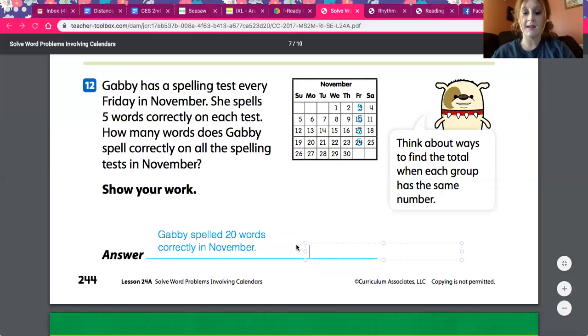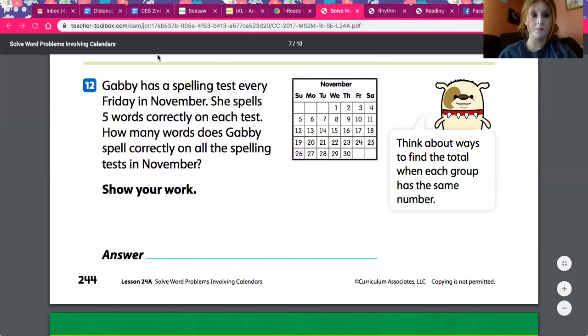Or you could have added 5 plus 5 plus 5 plus 5, which also equals 20. Okay? Let's move along.